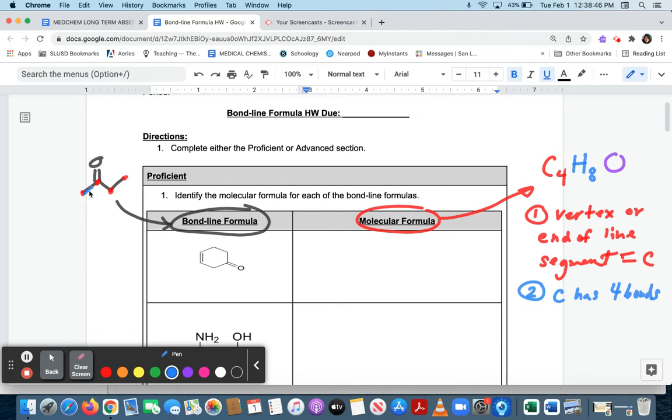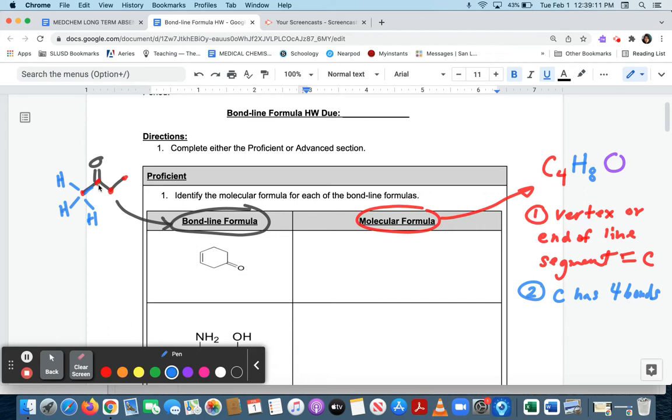So there's 1 line coming out of this carbon, but remember that carbon has 4 bonds. So therefore, it's missing 1, 2, 3 elements that it's connected to, and that's where the hydrogens are going to be, right? So there are 3 hydrogens connected to this carbon on the far left.